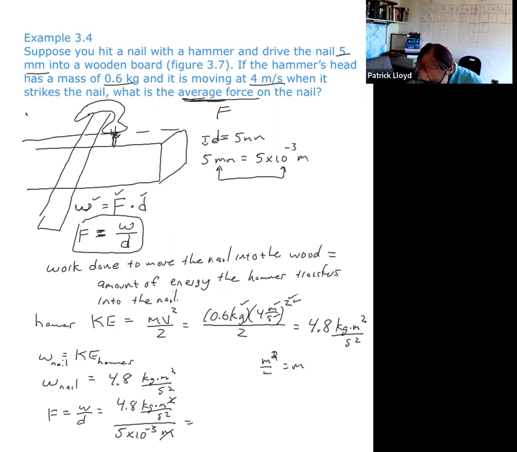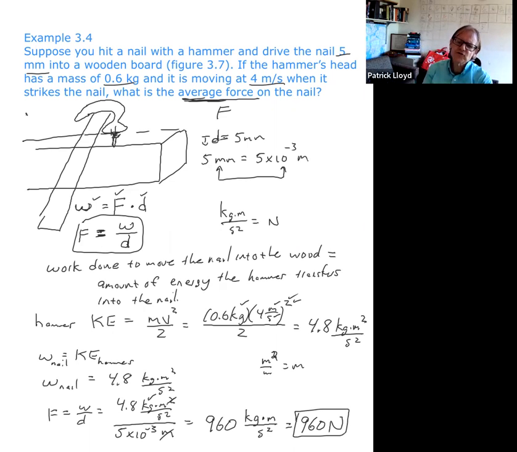Let's see, you double it, so 960. And then you've got kilograms, with one of the meters left over, divided by second squared. Hey, guess what? Kilogram meter per second squared is not a joule, but a Newton. So that's 960 newtons of force.